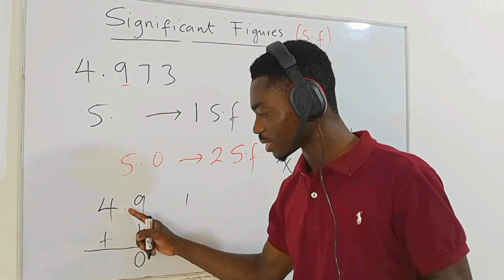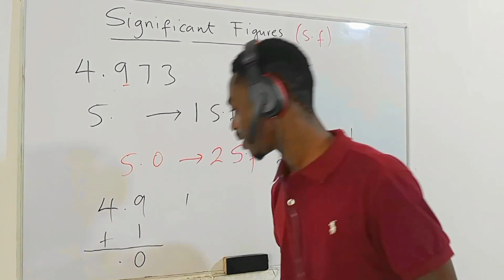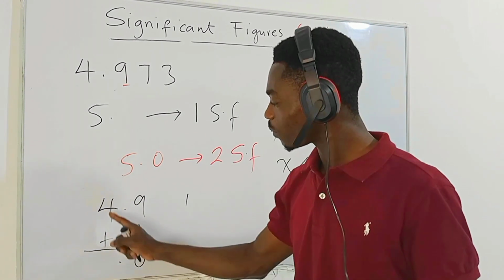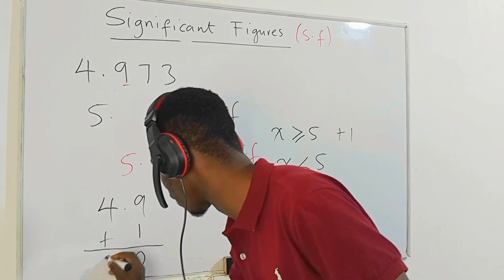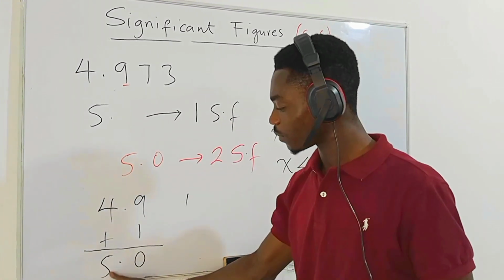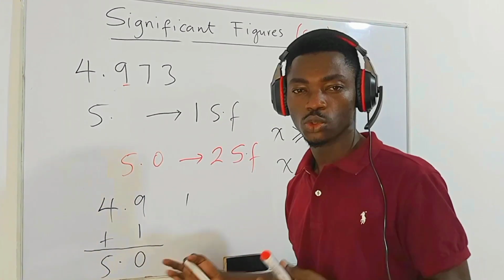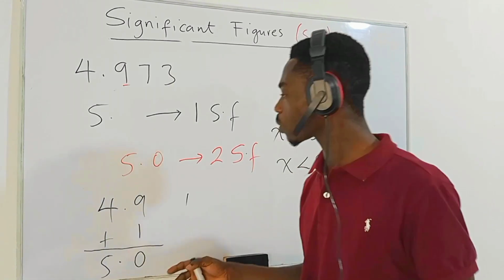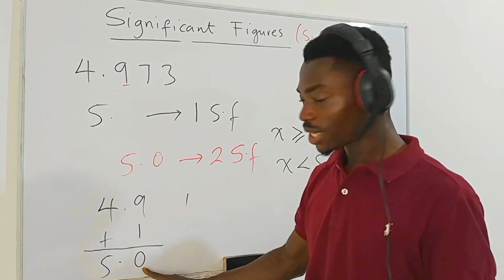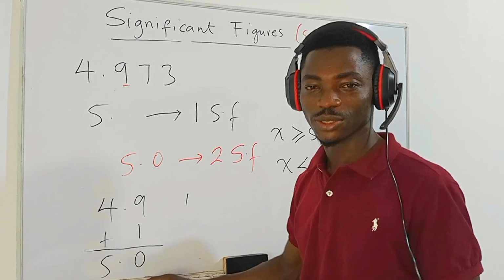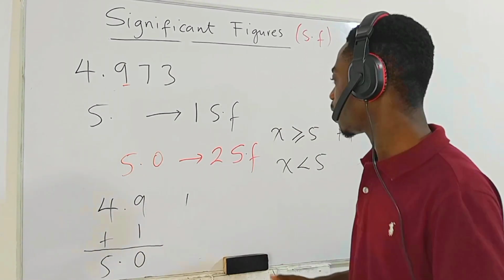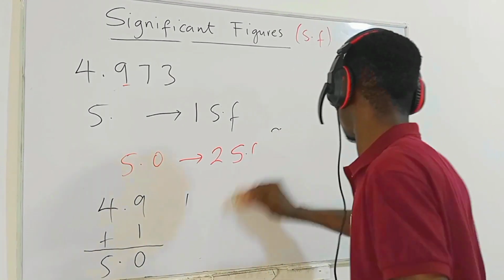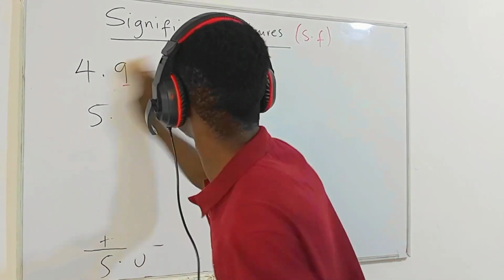Then we have a decimal point, bring it there, right? Then we have 4 plus the remainder, which is 5. So we have 5 here. So we have 5.0, which is 2 significant figures, simply because we have a trailing 0 with a decimal point, which is also significant. See that? So pretty much simple. All right, so now that we have this idea, we can keep on doing some examples.